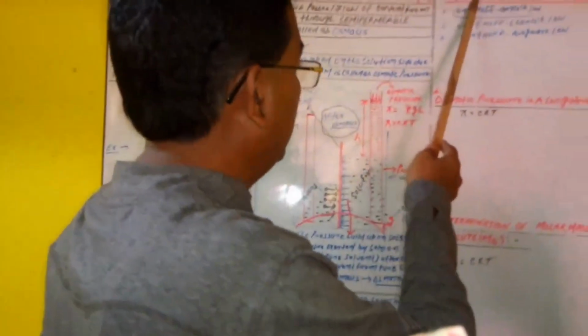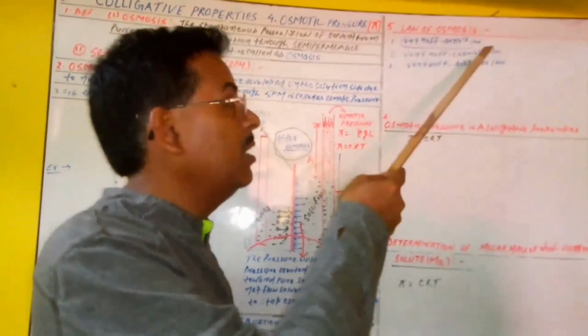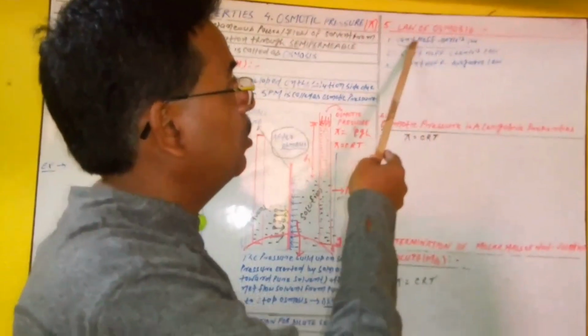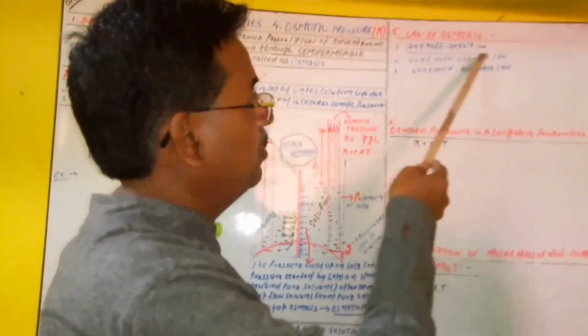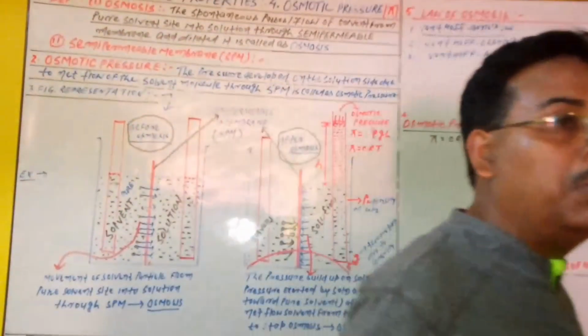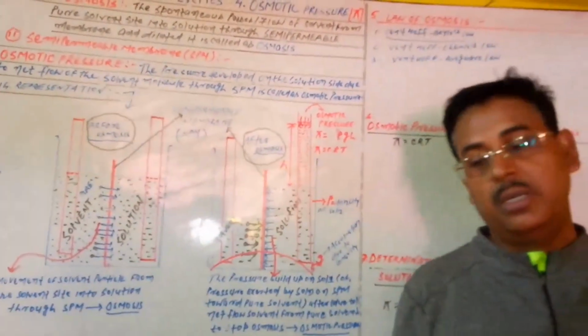The van't Hoff equation for dilute solution, that is pi equal to CRT, is derived with the help of three laws of osmosis: first, van't Hoff-Boyle's law, second, van't Hoff-Charles law, third, van't Hoff-Avogadro law.